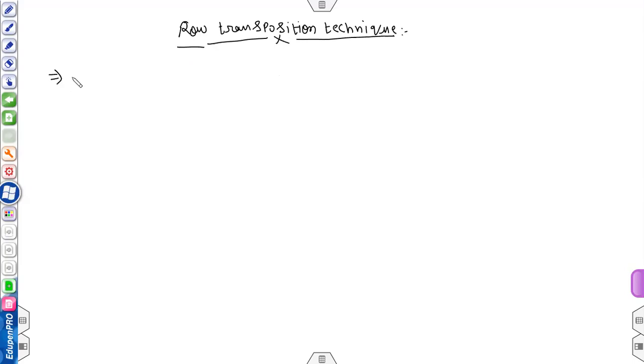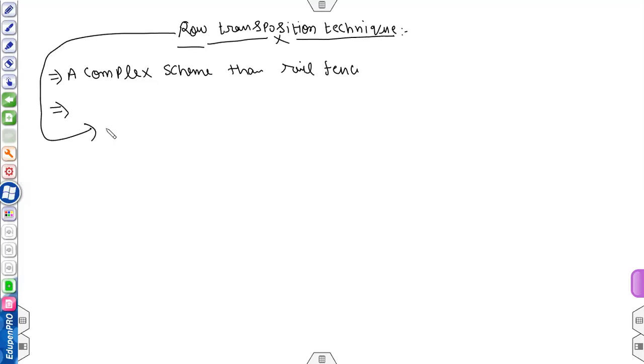So we can say it is a more complex cipher scheme than rail fence, because the rail fence technique is very easy to decrypt. That's why.